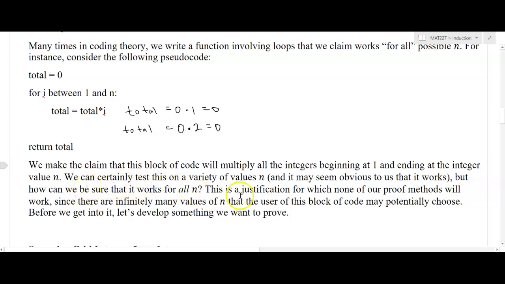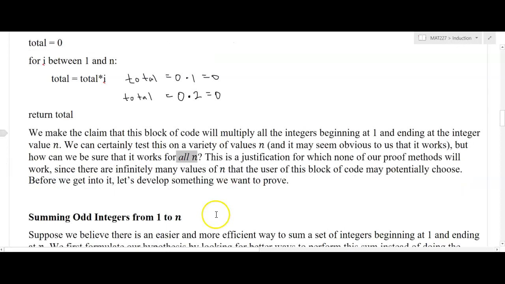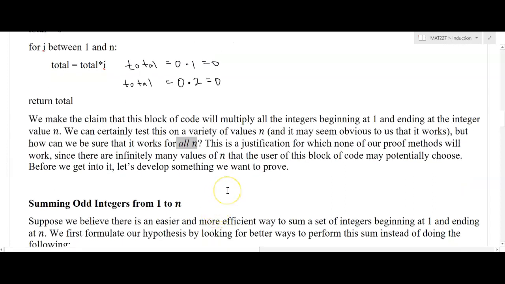We can certainly test this on a variety of n values, and it may seem obvious to us that it works, but how can we be sure that it works for all n? That's the argument here, that we're trying to prove things that work for all n. This is a justification for which none of our proof methods will work, since there are infinitely many values of n that the user of this block of code may potentially choose. Before we get into it, let's develop something we want to prove.